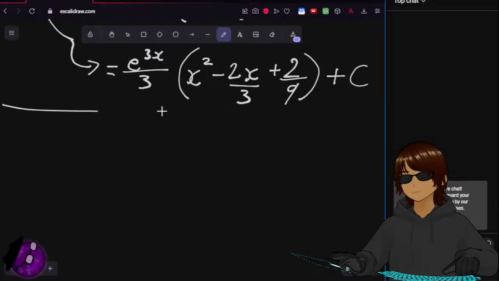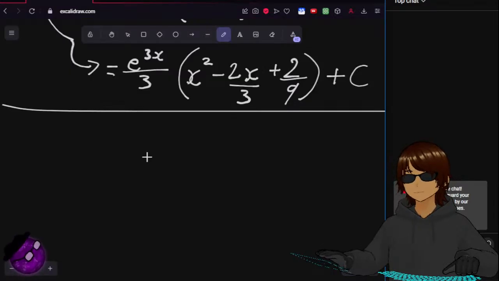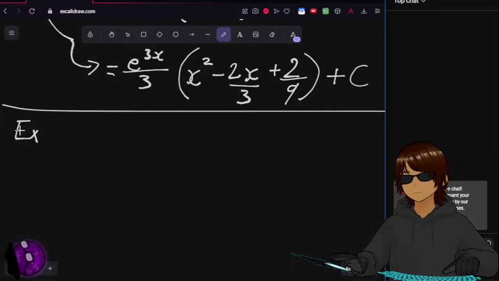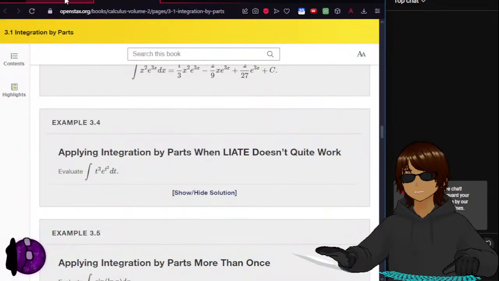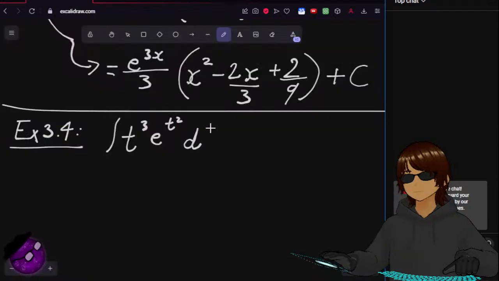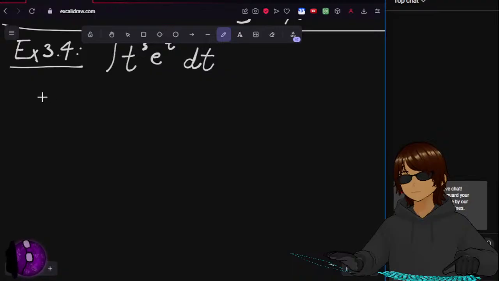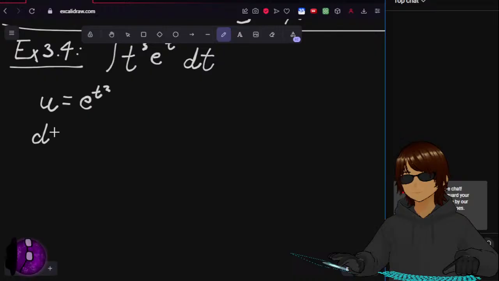Okay, let's try 3.4. Integral t cubed t square, is it t square? Yeah, dt. This remains the same.